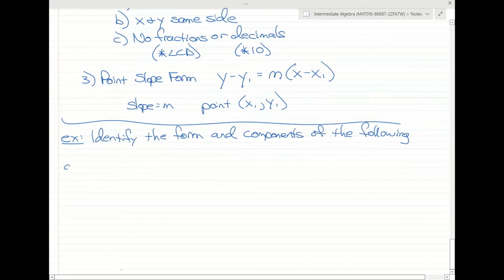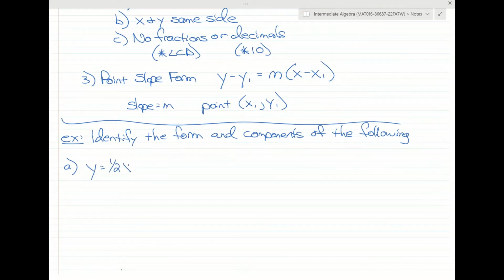So what if we had, we'll just write this down, y is equal to 1/2 x minus 3. Y minus 2 is equal to 1/3 x plus 3. And then 3x minus 4y is equal to 12. I'd rather get all of these written down and then go through.